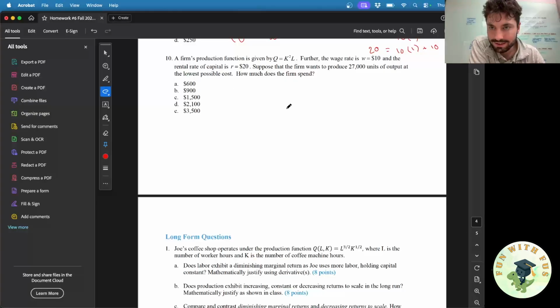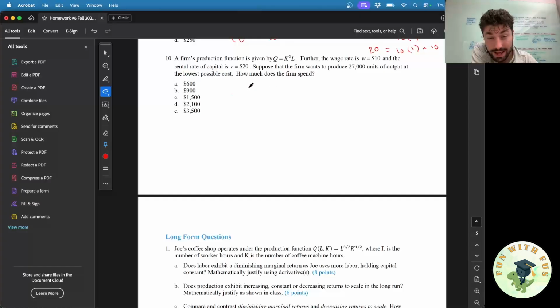But on this final multiple choice question, we've got a production function, we've got our MRT. I do believe we should do it the way they did it in the last problem.